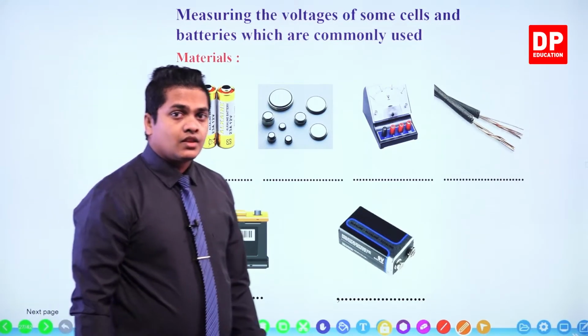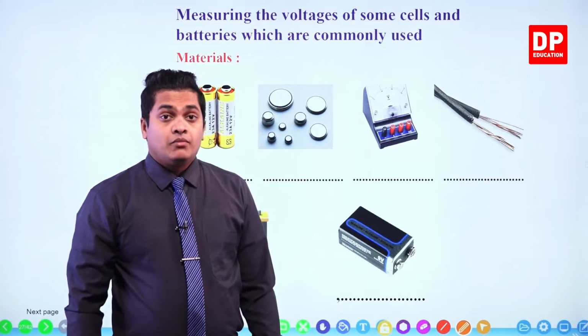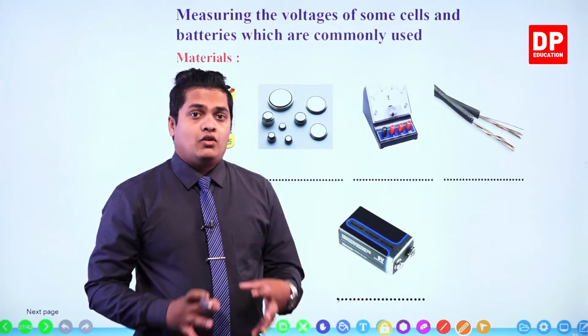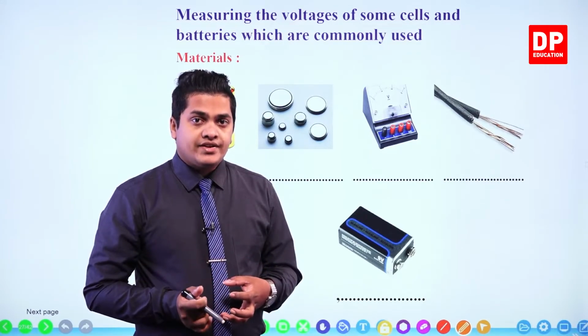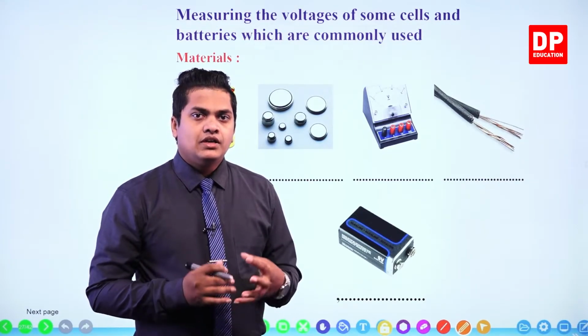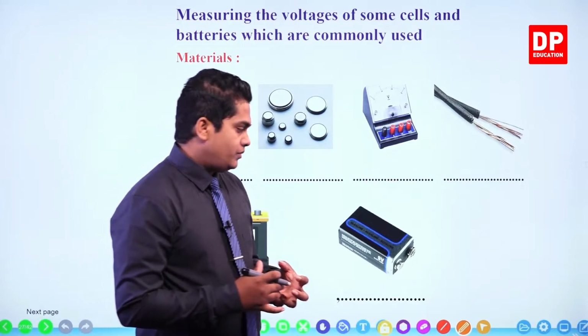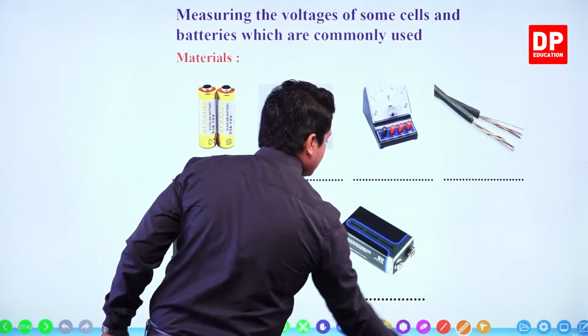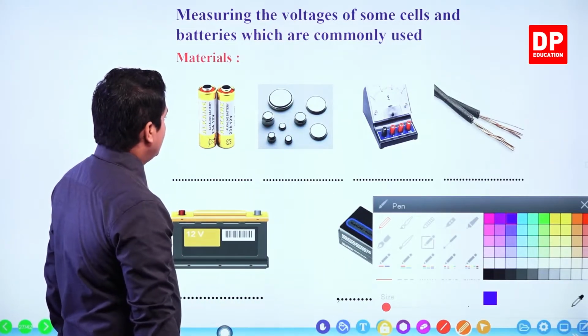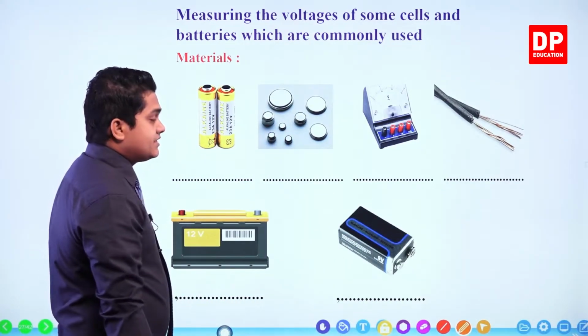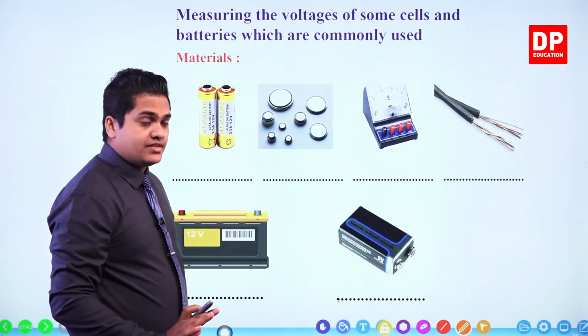We are about to measure the potential difference in certain dry cells and certain batteries that we use in our day-to-day life. You will be needing these materials when conducting this activity. You will be needing several dry cells and batteries.